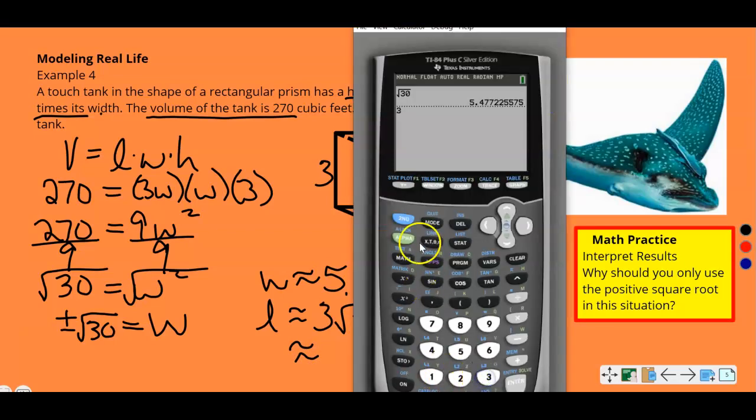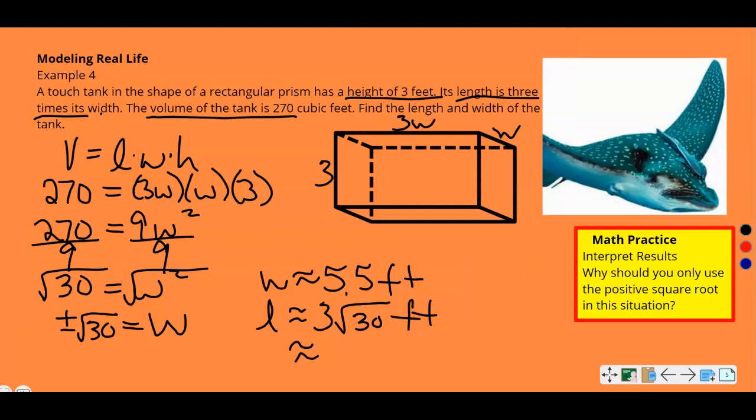It's better to put the square root of 30 than the 5.5 because we've already rounded this number, and then it would be rounded again. So it would be further off than the actual number. So it's better if you put 3 times the square root of 30. And that's going to be about 16.4. And again, that's going to be in feet.